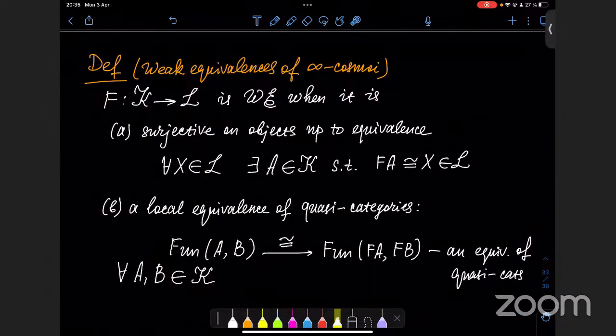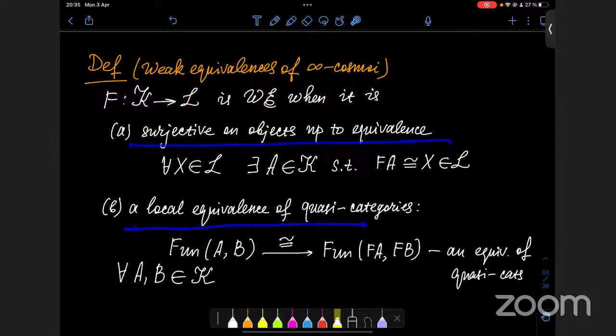The next definition is about weak equivalences of infinity cosmoi. We say that F, some cosmological functor, is a weak equivalence when it is surjective on objects up to equivalence and a local equivalence of quasi-categories.